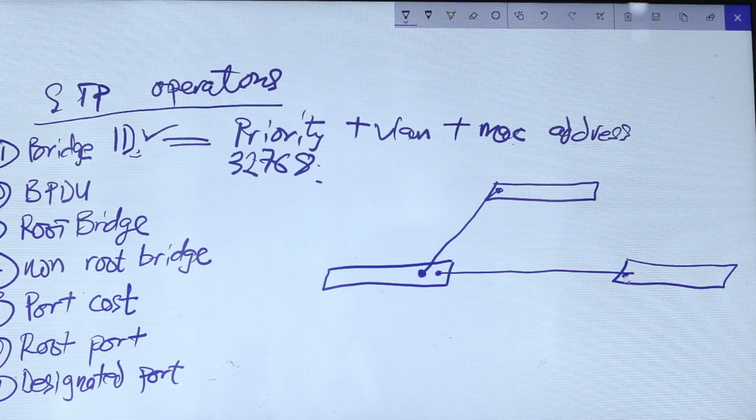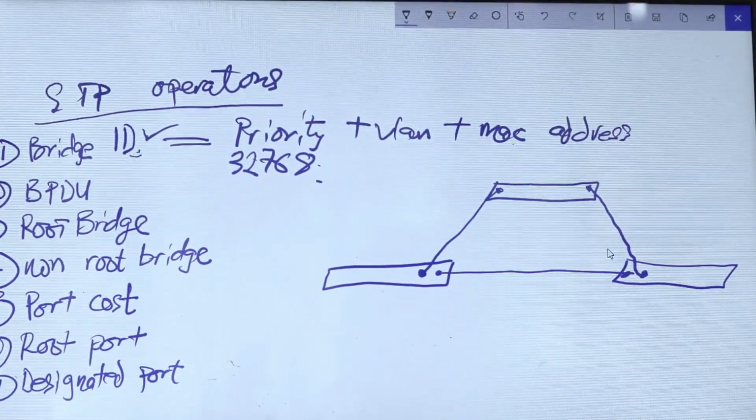So to stress the point again, we are doing STP operations. How STP blocks a port. Okay?